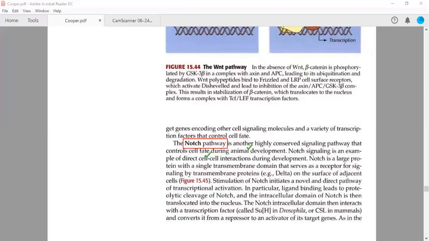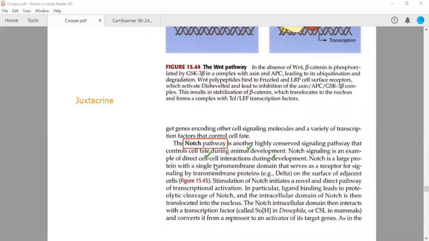You have discussed juxtacrine signaling, in which interaction between two types of cells is required. So the Notch pathway is a juxtacrine signaling pathway in which two cells interact with each other during the development of the embryo.